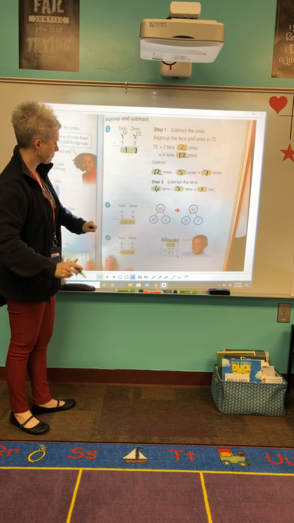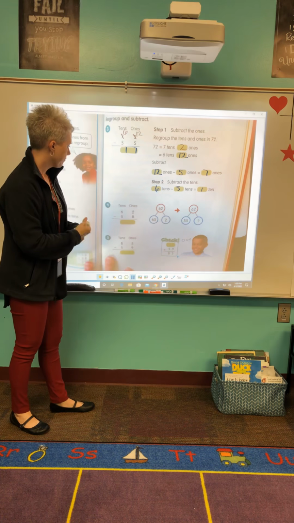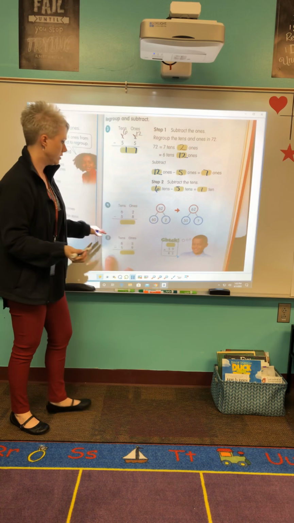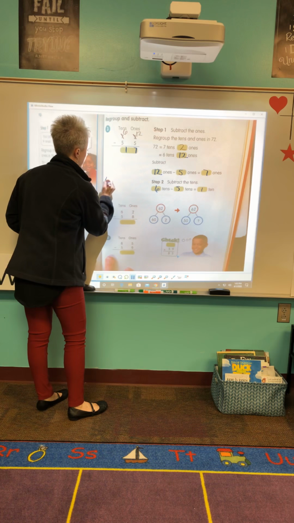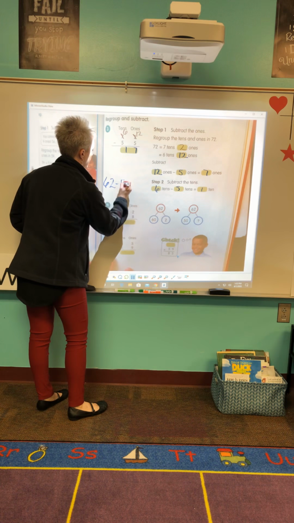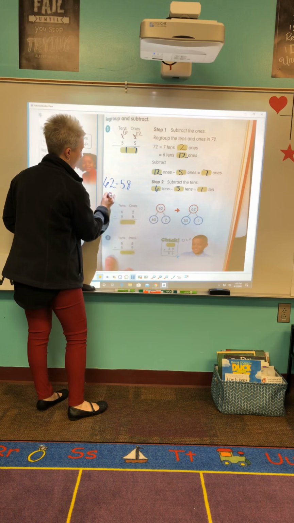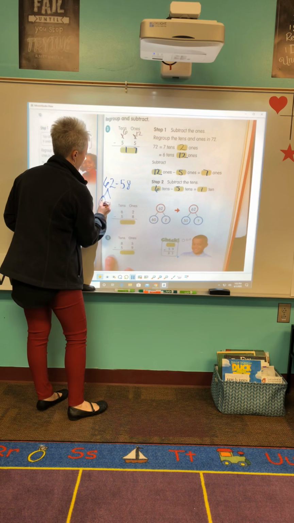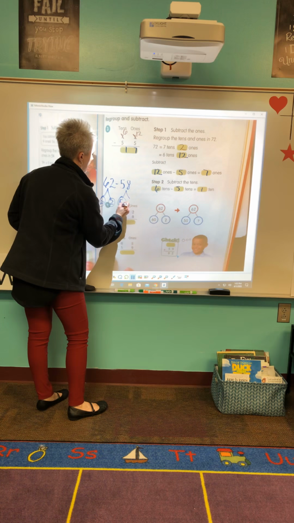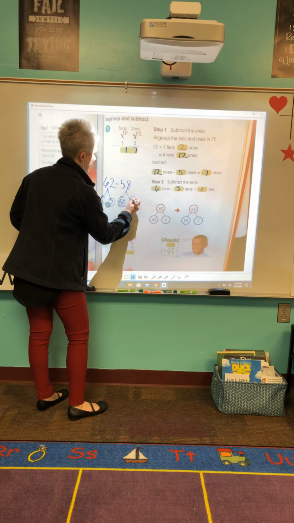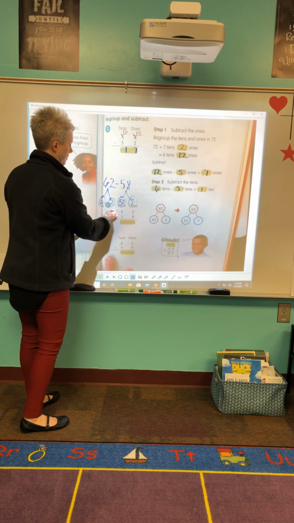Alright, down here. This one, they're branching it out, okay? And just like I showed you yesterday, let me write it right here. 62 minus 58. If we branch it out, 60 and 2 and 50 and 8, what we have to do is we subtract 60 minus 50, which we can do.